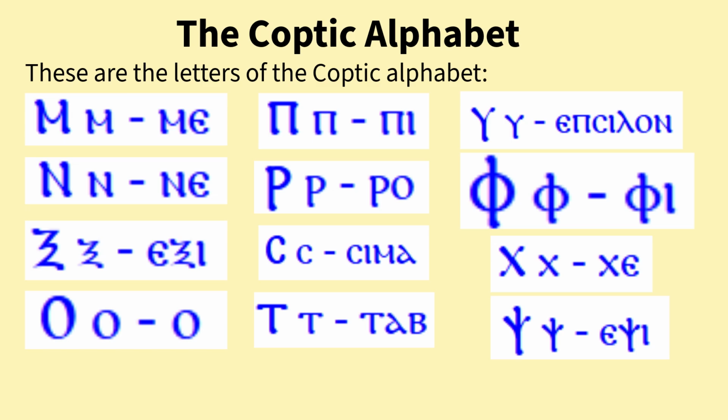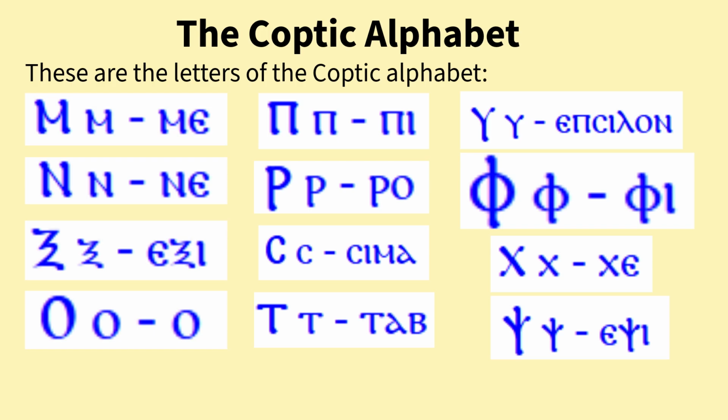So just continuing on from the previous page, we have the letters ma, na, axi, o, bi, ro, sima, teb, epsilon, bi, ka, absi.